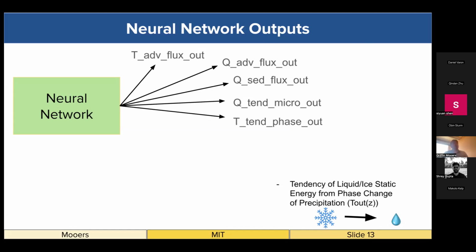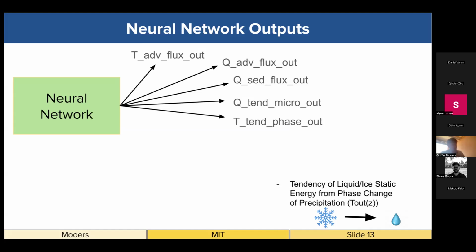Let me think about it on the highest level. If you're running a climate model, and let's talk about T advection here, you've got your T advection at time 0 and your T advection at time 1. If you took the difference between those two, you would have your tendency.